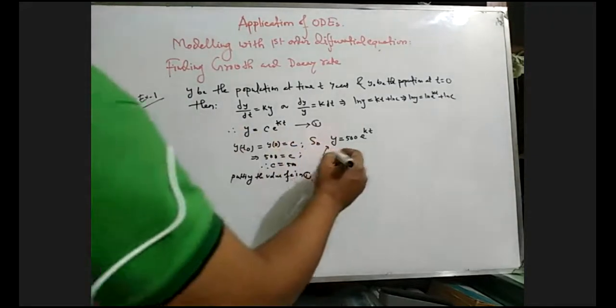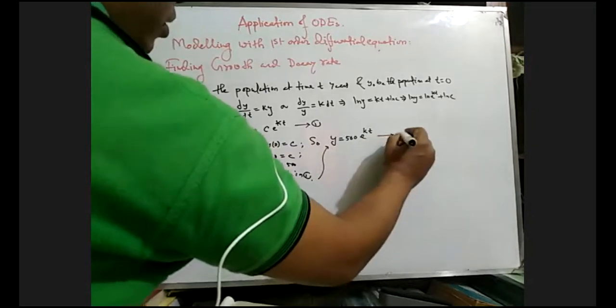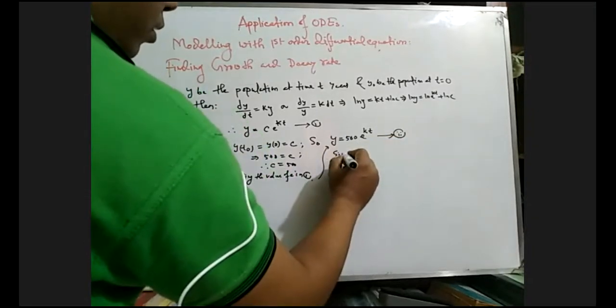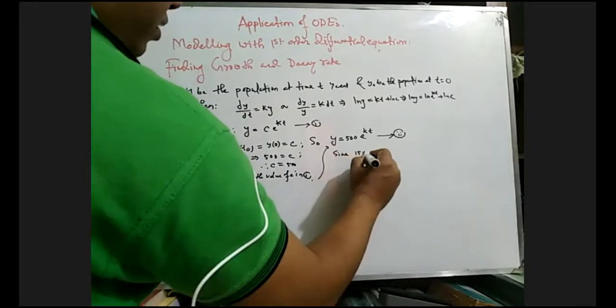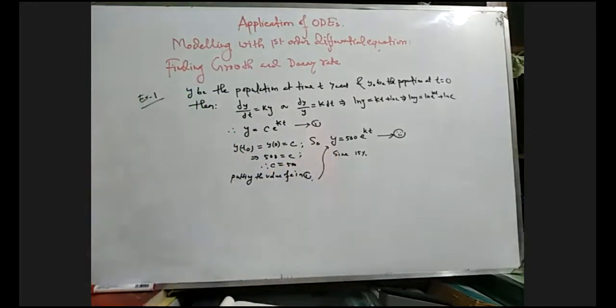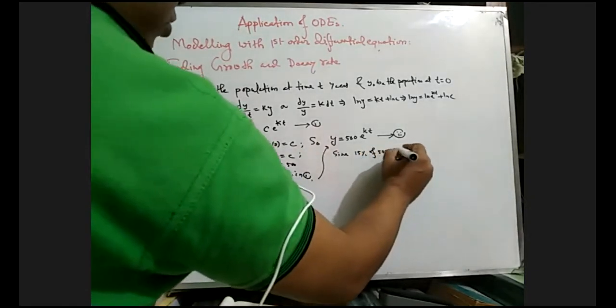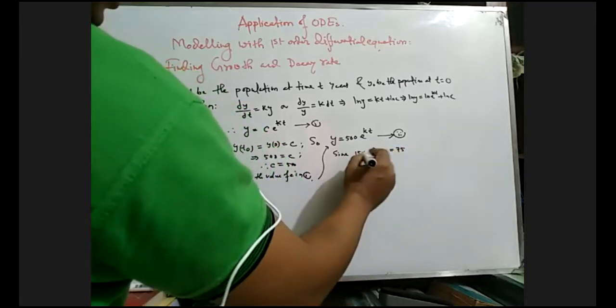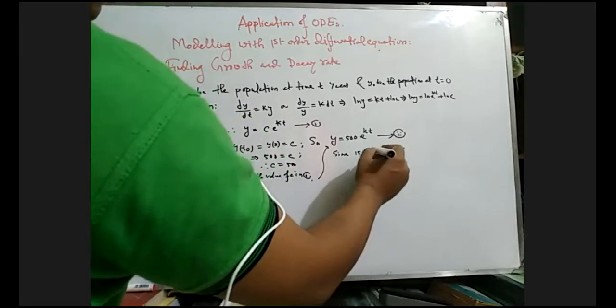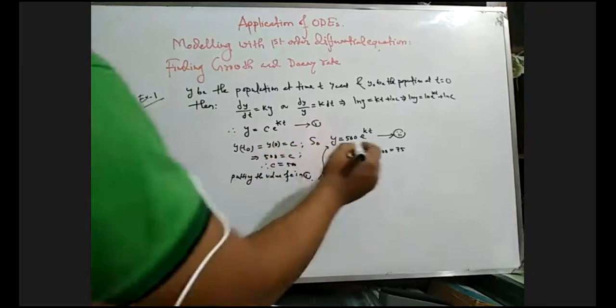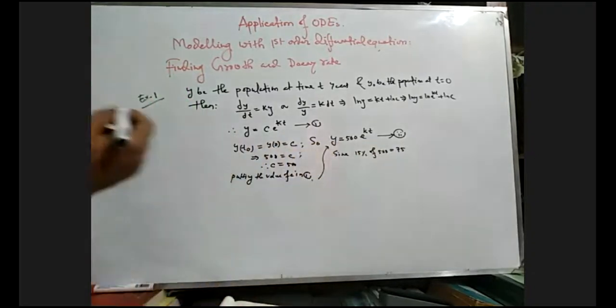This is equation number 2. Since 15% of 500 equals 75, that means 15 by 100 into 500, the 100 and 500 cancel, so 5 times 15 is 75.